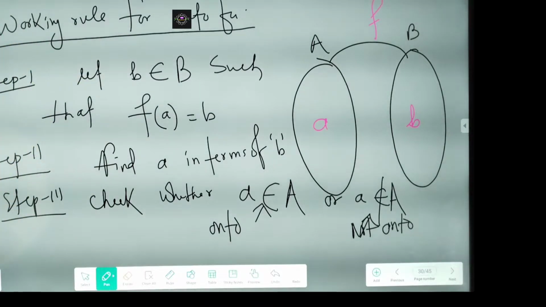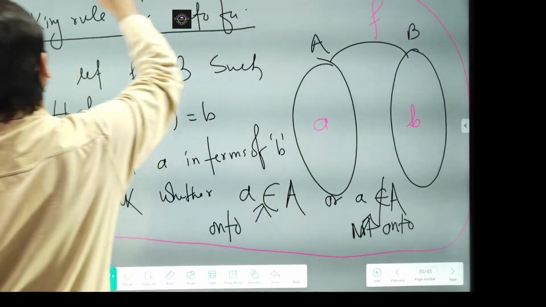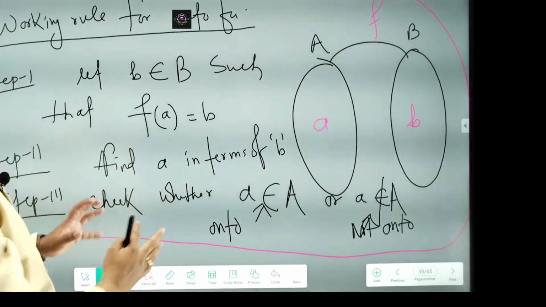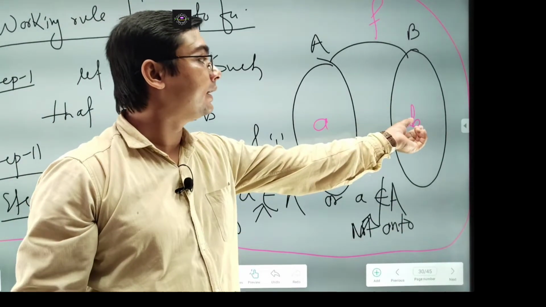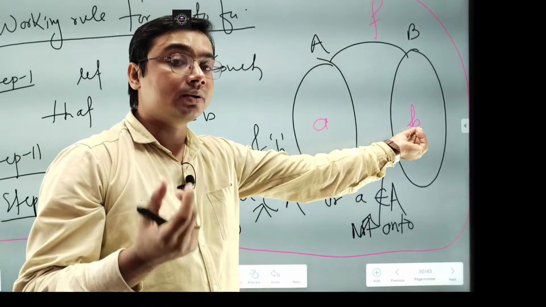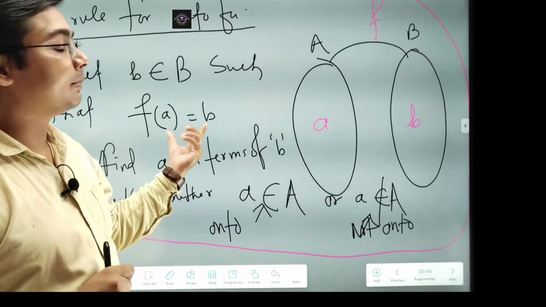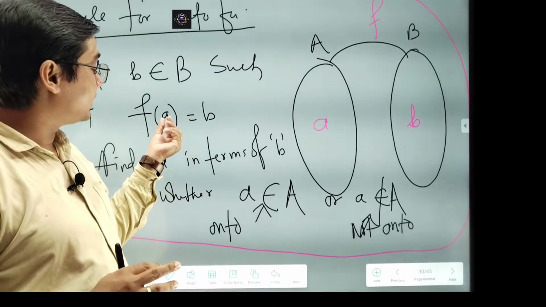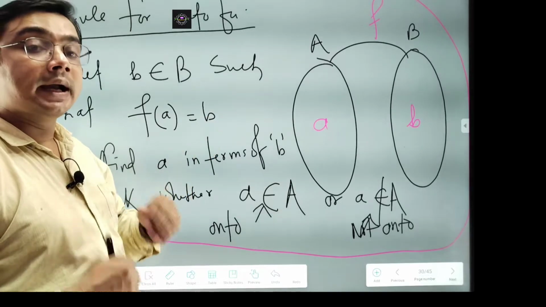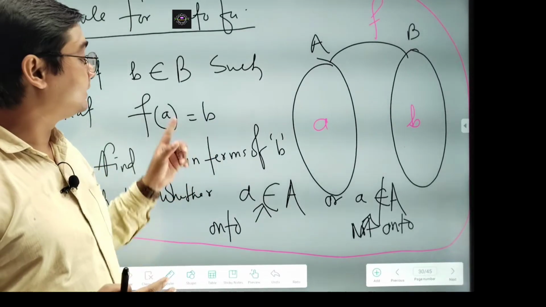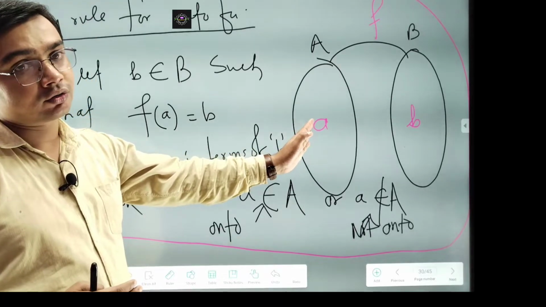So this thing is most important, so you have to remember this working rule. So here, guys, in the first step, just you consider any element in this set, and also you consider f of a equal to b, and then just you find the value of this small a in terms of b, and you verify whether that small a is in this first set A or not.